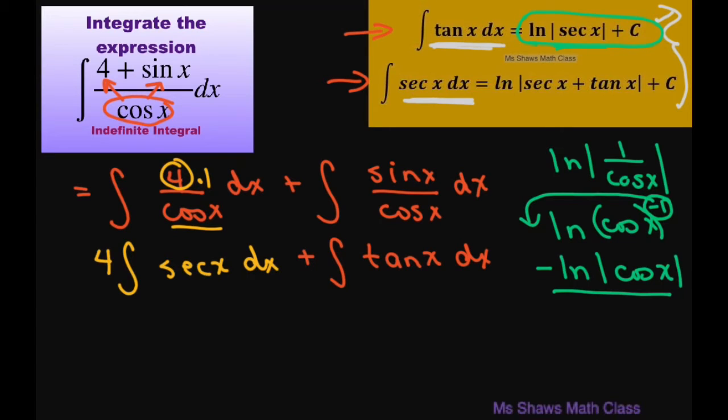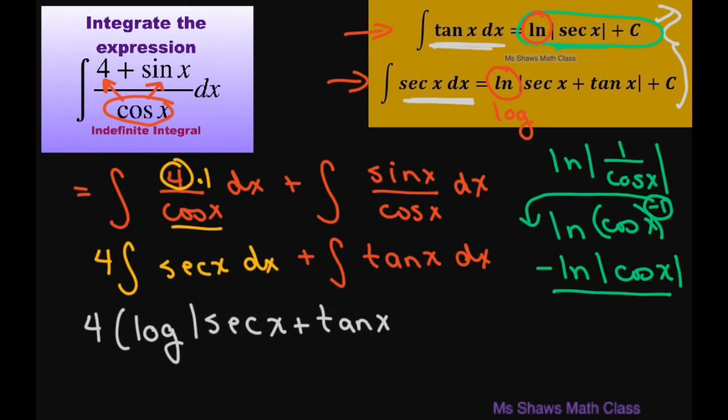And so when we integrate this, this is going to be 4. Also, I have ln written here. You could also easily use log. So let's just use log to make it different. You can use ln or log. Absolute value of secant of x plus tan of x.